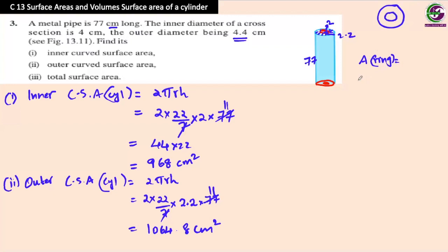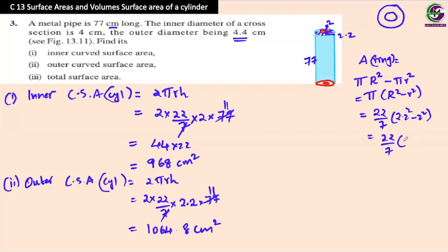So area of the ring is pi r square, the big radius, minus pi r square. So pi is common, so pi times (R square minus r square). So area of the ring is 22 by 7 times (2.2 square minus 2 square), which is equal to 22 by 7 times (4.84 minus 4), which is 22 by 7 times 0.84.